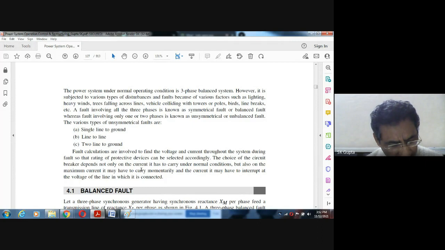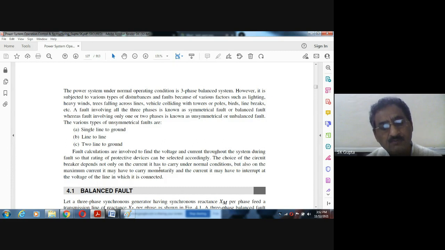During normal condition, the current flowing or power of the circuit breaker may be different, but during the fault it may be different. It also depends upon the severity of the fault. Sometimes we want the fault to be cleared immediately, within a few milliseconds, say within 10 milliseconds.